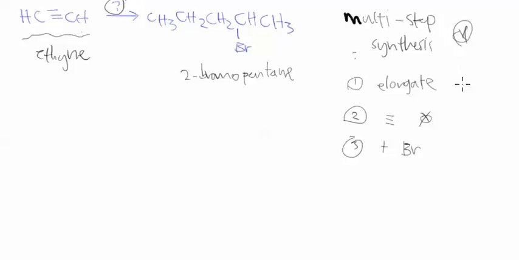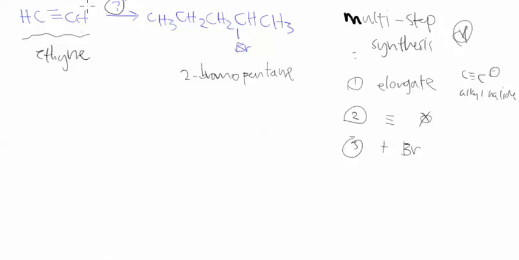We said that in order to do this, we need the acetylide ion and some kind of alkyl halide that we bring into the picture. The acetylide ion will serve as our nucleophile, and the alkyl halide will serve as the carbon source to allow us to add on more carbons.